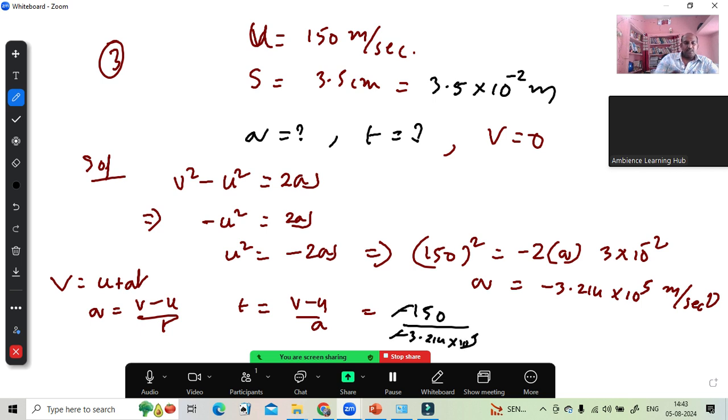Velocity u is 150 meter per second. This minus and minus will get cancelled. So finally we'll get the time around 4.67 into 10 power minus 4 seconds. This is the solution for the third problem.